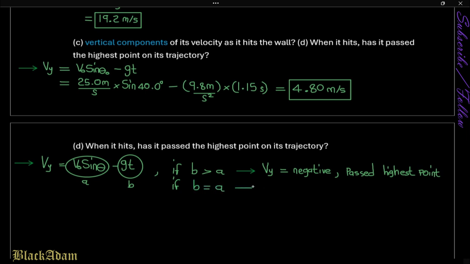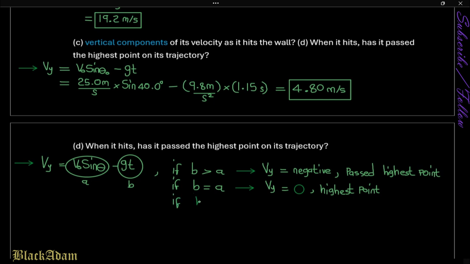If B is equal to A, our vertical velocity is 0, so it's exactly at the highest point of the movement.